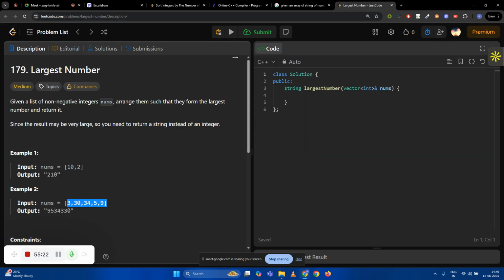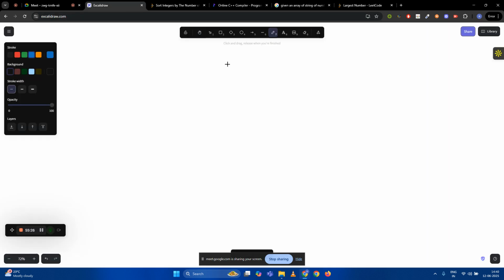First of all, let me tell you the solution directly itself. I'll prove it later on. First of all, convert them into strings. As simple as that. When you convert them into strings, they are now not numbers. They are strings and they would be compared according to lexicographical ordering, and we have discussed lexicographical order in the previous class.